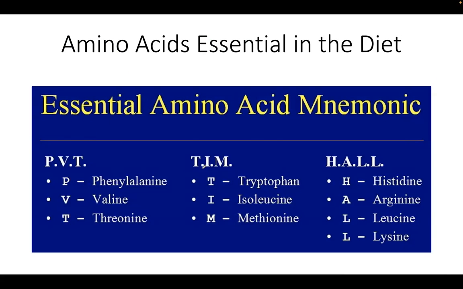The following amino acids must be provided in the diet, except. Remember, the human body cannot synthesize essential amino acids, so they must be provided through the diet. This will come out in standard exams.